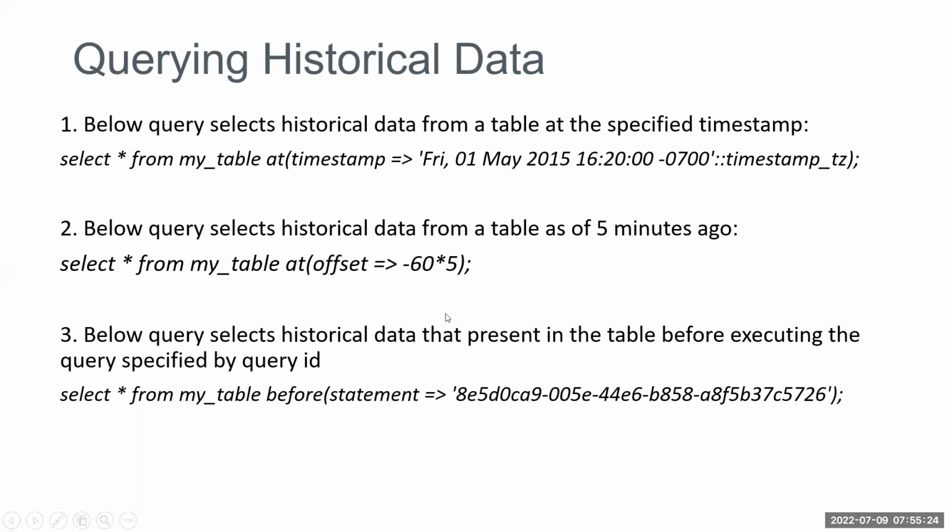The query itself will give an error like maximum retention period offered by your edition is just 90 days. Otherwise, if you set it to 10 days, it will throw an error that you set the retention period as 10 days for this table, so you cannot retrieve the data from before the 10 days. So this is how we query the historical data using three ways: at a timestamp, at offset, or before executing any statement. We'll see this in practical.